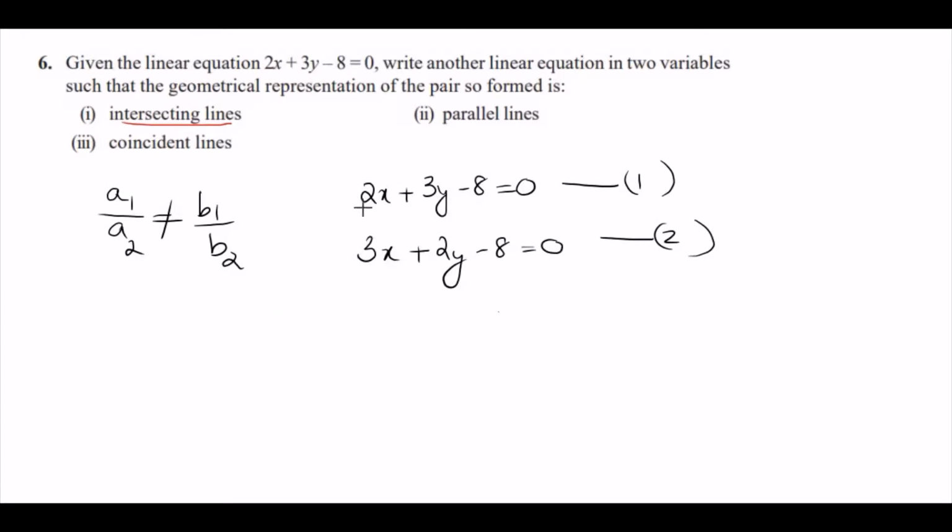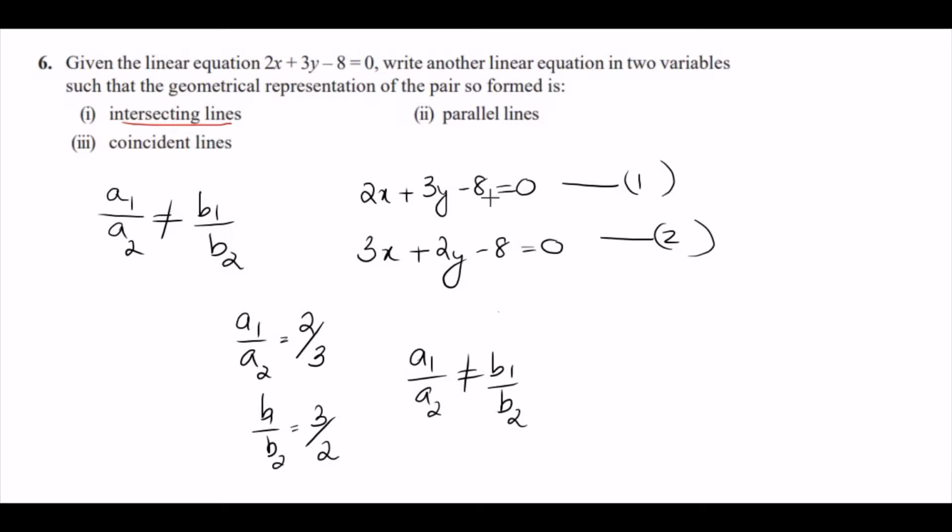When you compare the ratios, you can see a1 by a2 is 2 by 3 and b1 by b2 is 3 by 2. So this a1 by a2 is not equal to b1 by b2. Whatever the value of c1 by c2 be, if you get this condition, you know, it will give you intersecting lines.